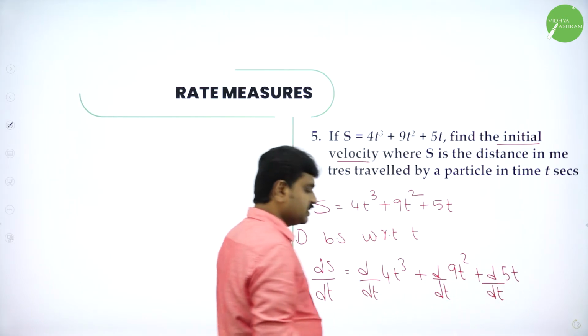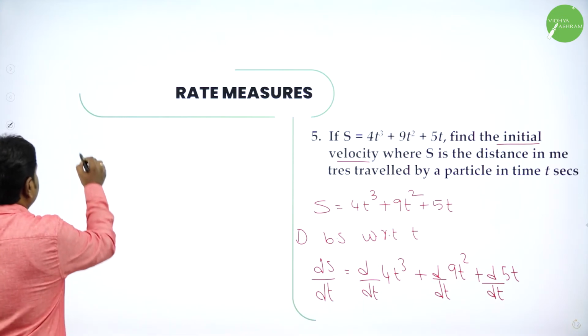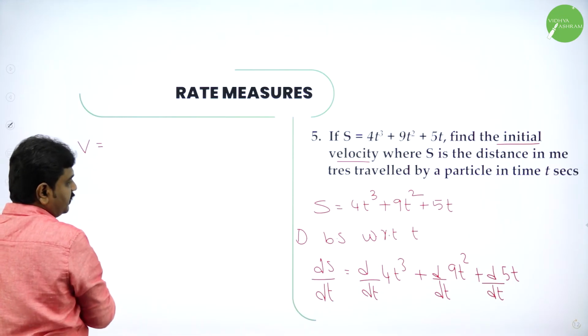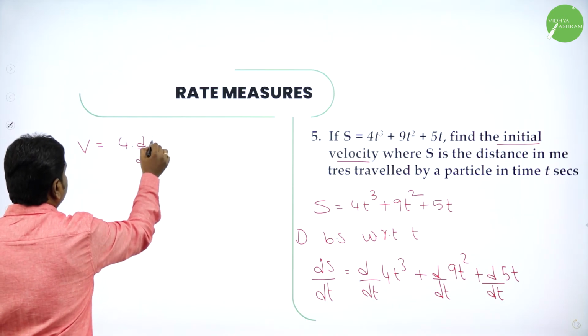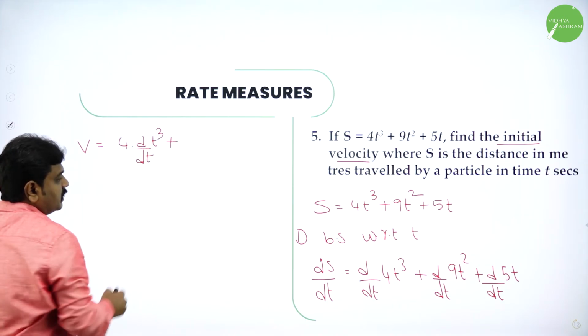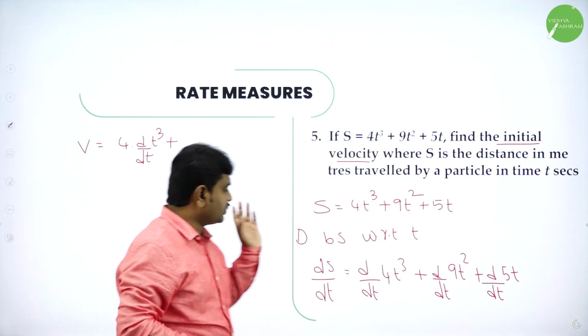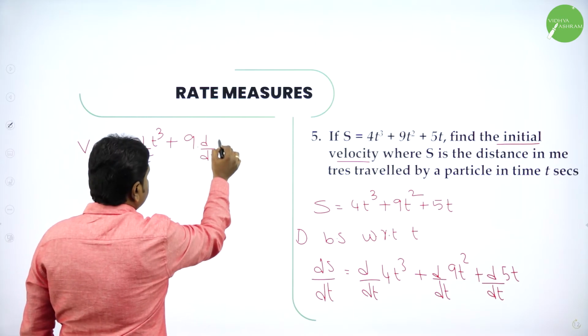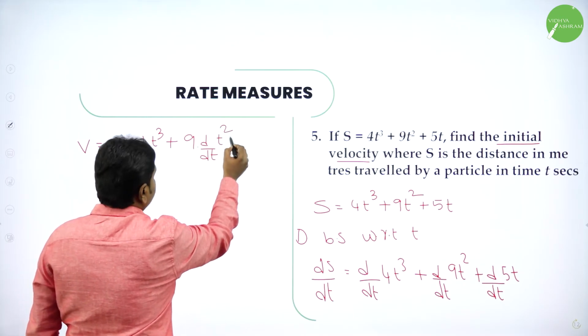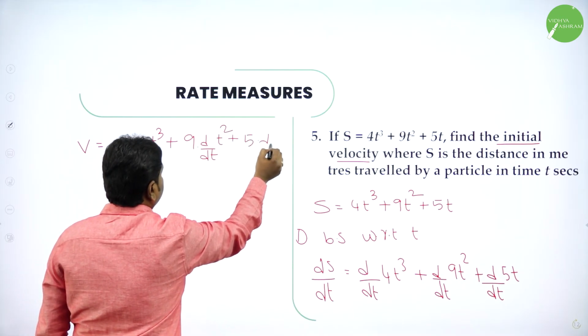Now simplify this. ds by dt is called v, velocity. 4 is constant, take it out, apply d by dt for t cube, plus 9 is constant, take it outside, d by dt of t square, then plus 5 is constant, take it out, apply d by dt for t.